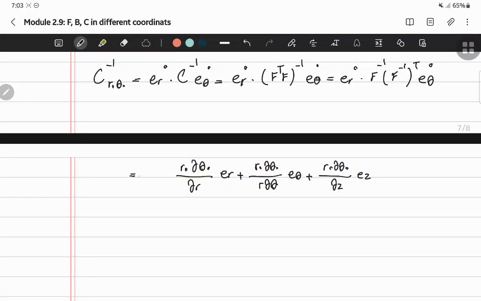So this one is ER0 dot F inverse. This expression is this one.